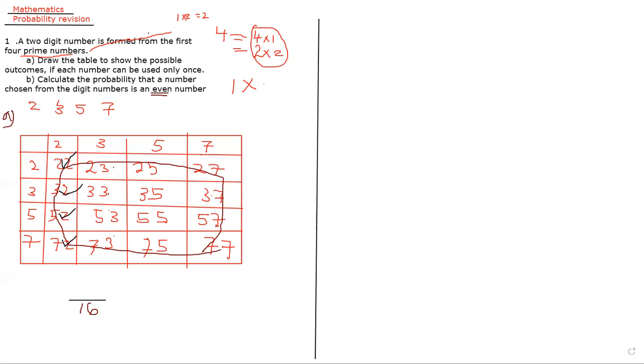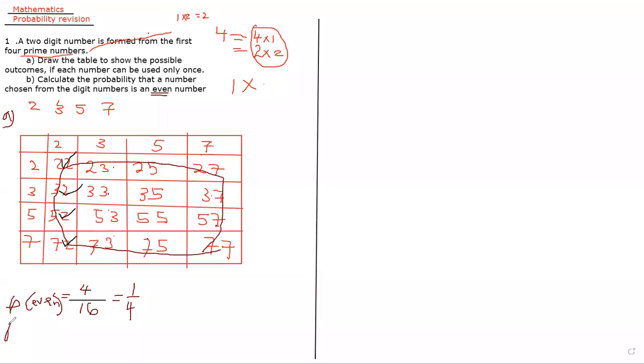The observed over the total outcomes, that is a quarter. So the probability of getting an even number is 4/16, which is a quarter.